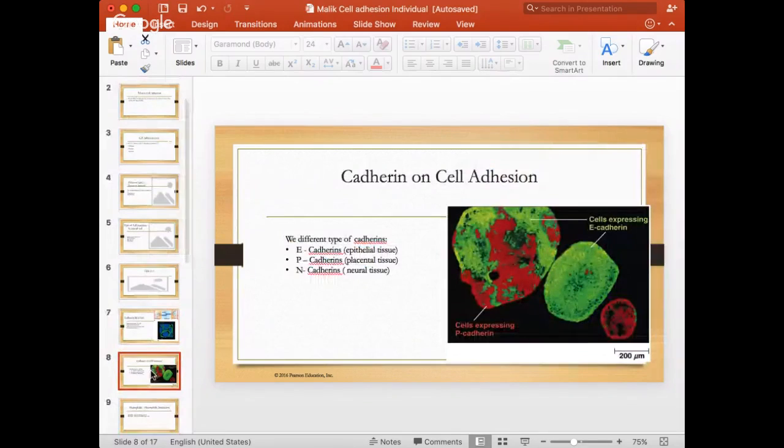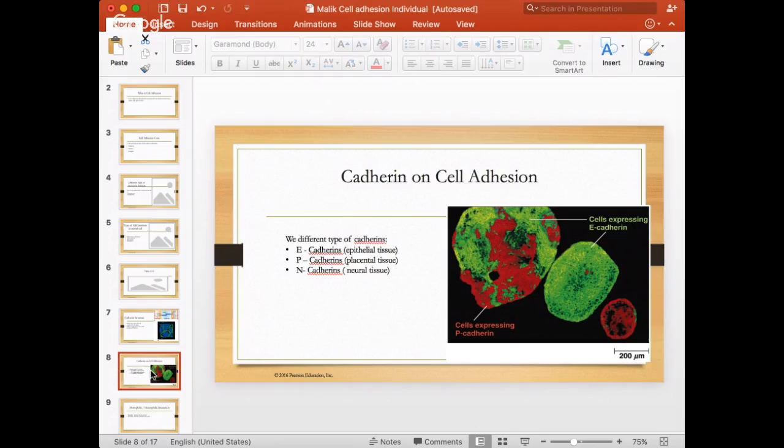So we have the cadherins in cell adhesion. We have different types of cadherins. As you can see, we have the E-cadherins, in epithelial tissue; the P-cadherins, in placental tissues; and the N-cadherins, in neural tissue, which are all the different types of cadherins involved in cell adhesion.